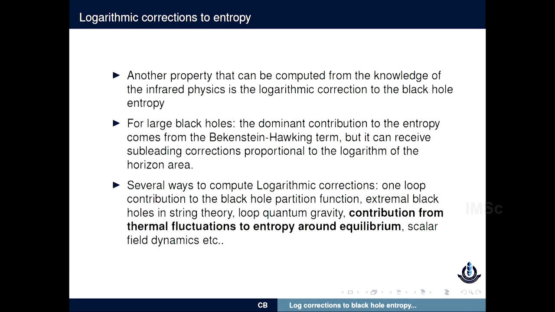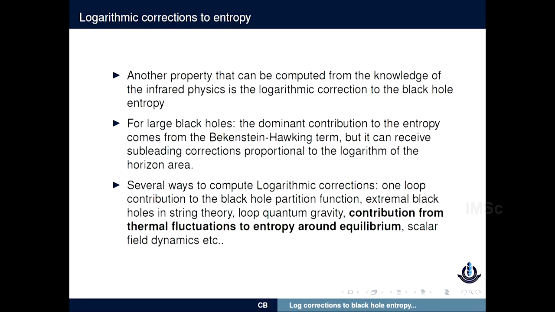Now, there is also another property that can be computed from the infrared physics, and that is the logarithmic corrections to black hole entropy. When you compute the microstate degeneracy, it also takes care of the UV part of the theory, but the logarithmic corrections you can compute in infrared physics. Particularly for large black holes, the dominant contribution to entropy comes from the Bekenstein-Hawking term, but it can receive subleading corrections proportional to the logarithm of the horizon area.